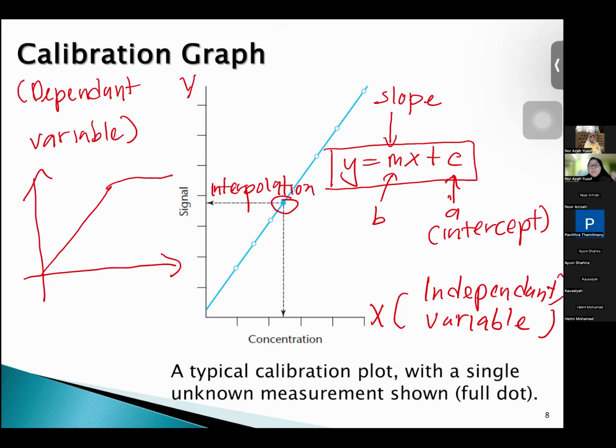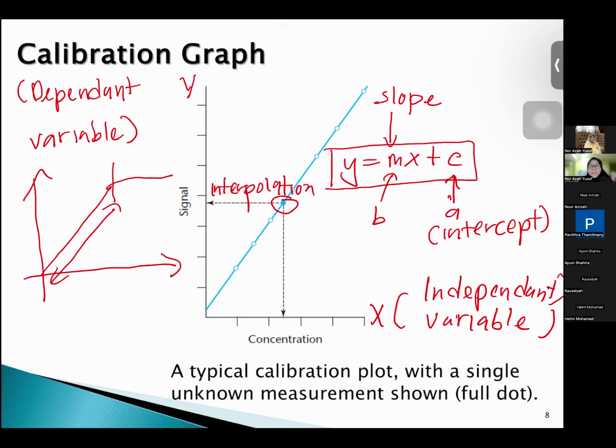Based on my experience, what we did is we try a few sets of calibration to look at the linear range. Once we have identified the linear range, then the extrapolation cannot be that far from the linear range.